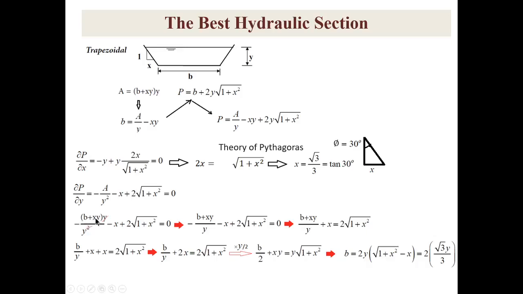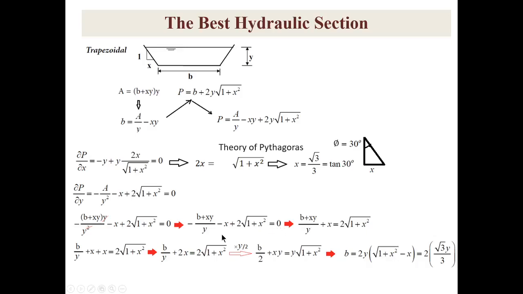Minus b plus xy times y divided by y squared minus x plus 2 root 1 plus x squared equals 0. You can cancel out y and 2 from here, and the result would be like this: minus b plus xy over y minus x plus 2 square root of 1 plus x squared equals 0.